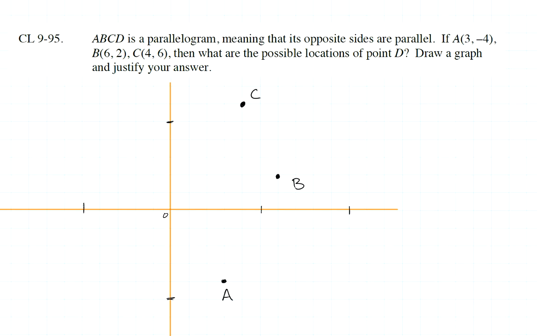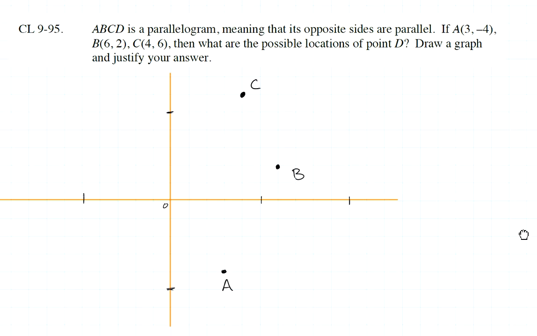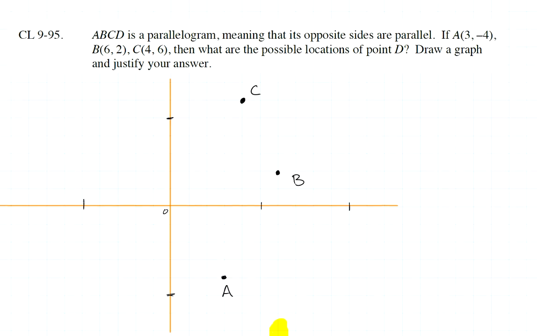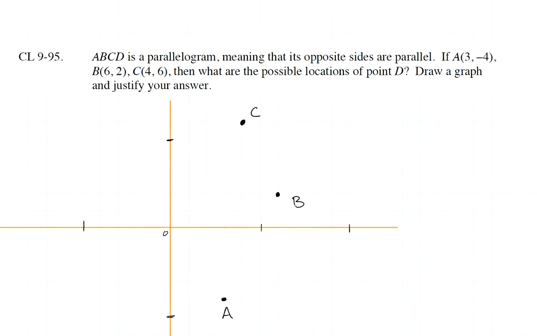One of them is, and I'll just put a little spot in here, somewhere like in this region, and you could see you get a parallelogram with those 4. Another point that I could get would be somewhere way up, maybe up in here.